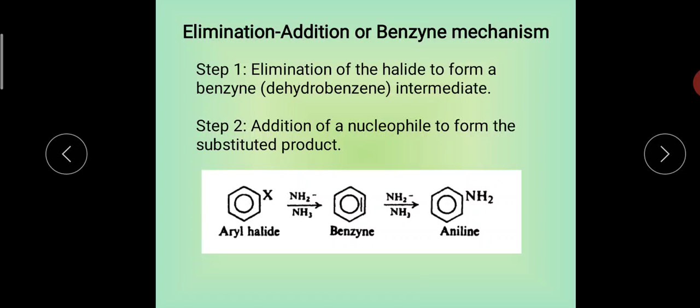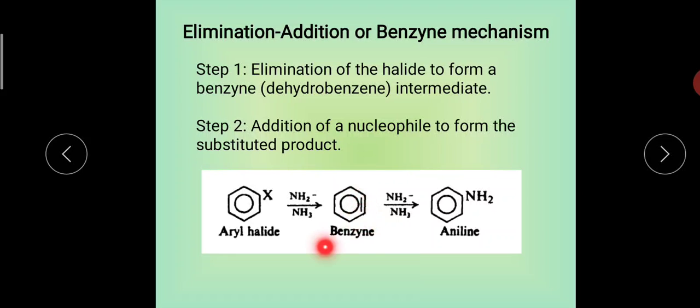Okay, but if I just see this particular reaction, I would say that if X minus has to get removed, then where did this new bond come from? That's the question that you would be having in your mind. Okay, so let's see how this new bond has formed.